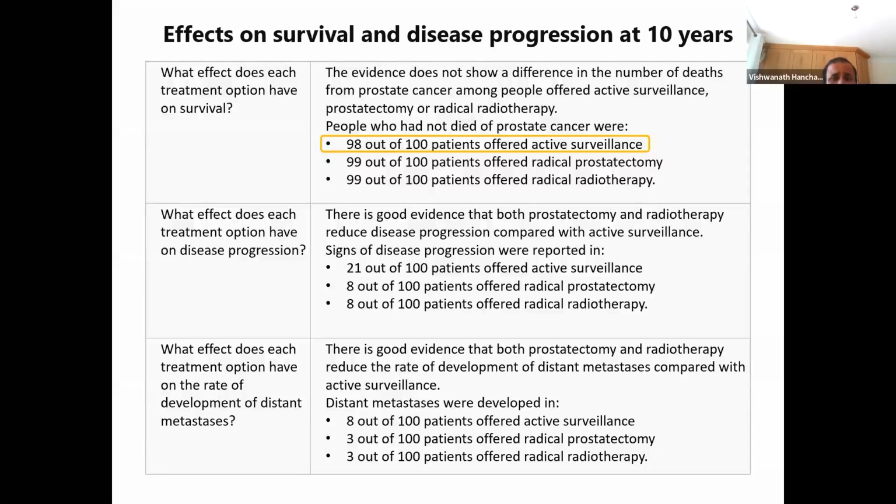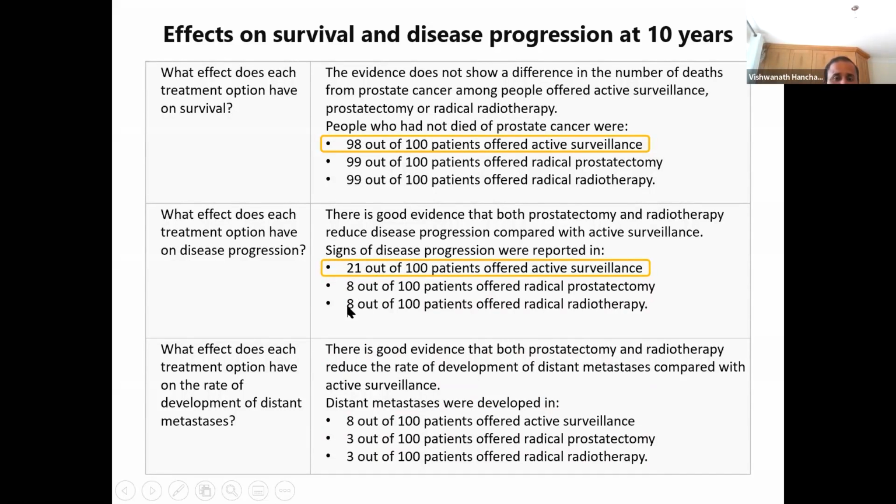98 out of 100 patients were alive at the end of the active surveillance protocol, and this with surgery and radiotherapy was a little bit higher, but there is only a marginal difference. If you look at disease progression, signs of disease progression were around 21 out of 100 in active surveillance.